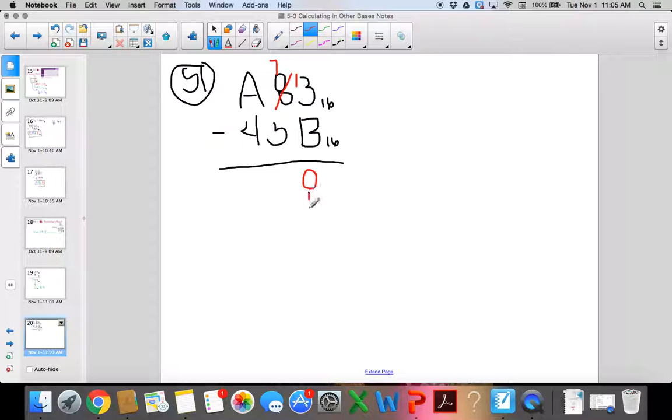So again, just in case you're curious, how in the world did she get 8? Remember, that's not decimal 13, it's 13 base 16, which is 16 plus 3, or 19. And we're doing 19 minus 11, and that's where we get 8 from. That's where we got the number 8 from.